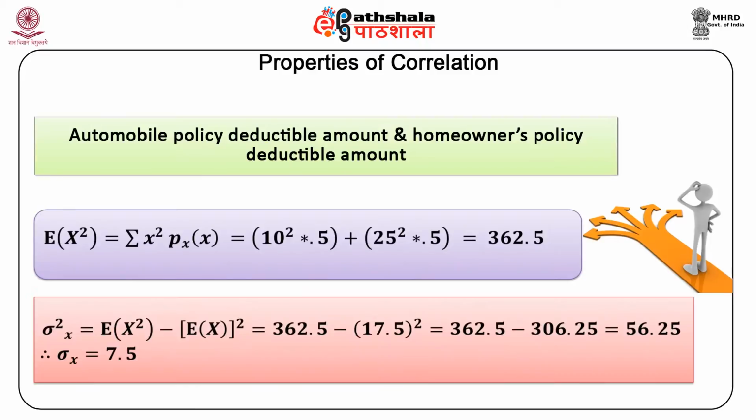Hence, sigma squared x is equal to E of x squared minus (E of x) the whole squared, which is equal to 362.5 minus 17.5 the whole squared, which is equal to 362.5 minus 306.25, which is equal to 56.25. Therefore, sigma x is equal to 7.5.